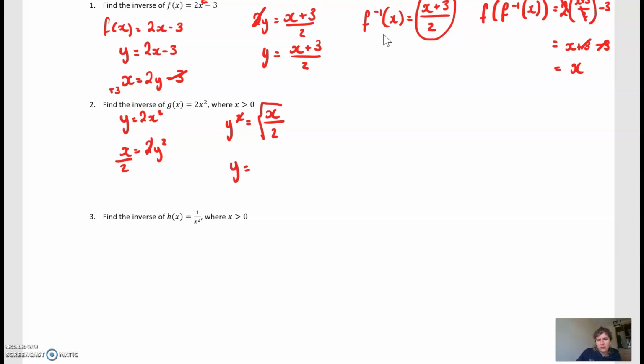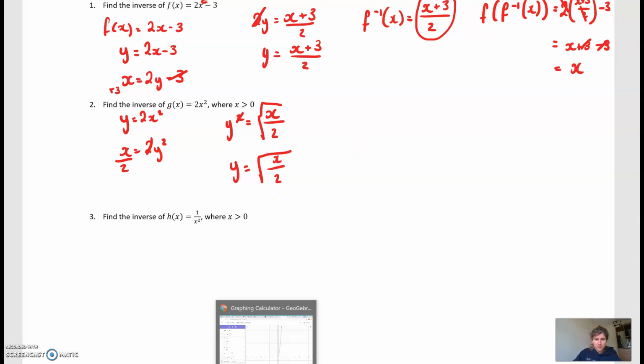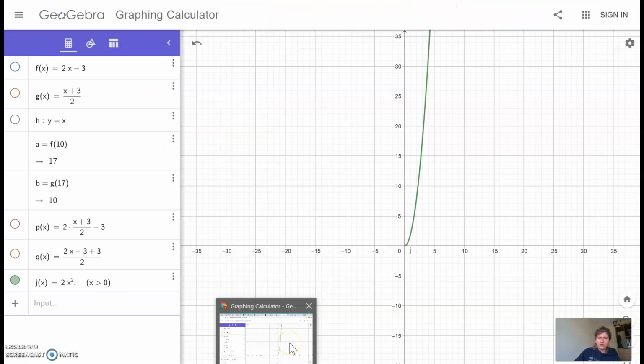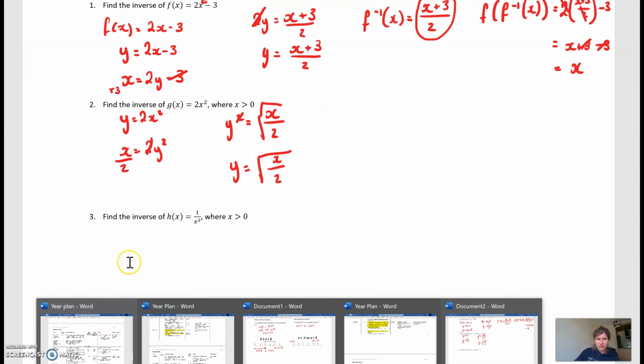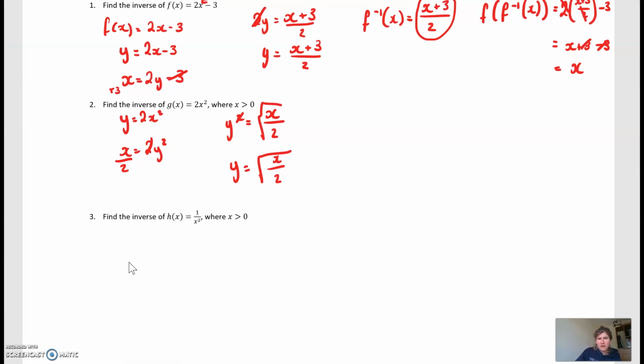So square root of x on 2. Sorry, I should write it using proper function notation. So it's g, isn't it? g inverse x equals the square root of x on 2.